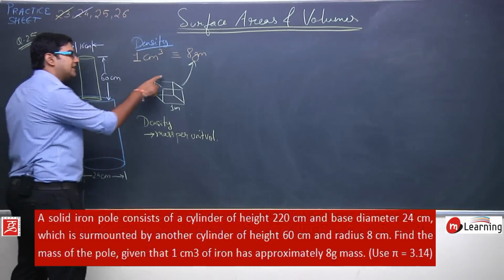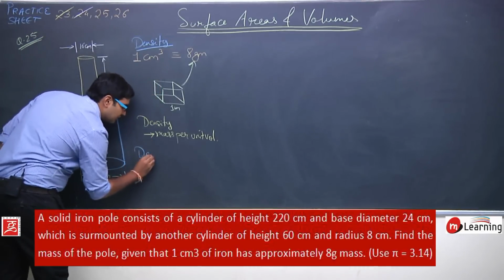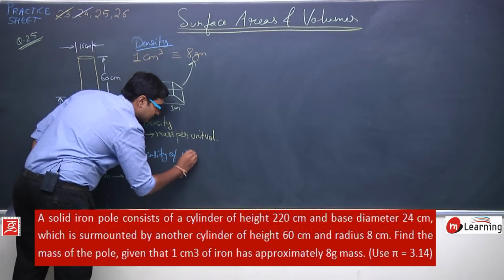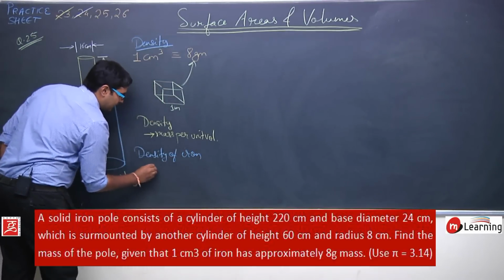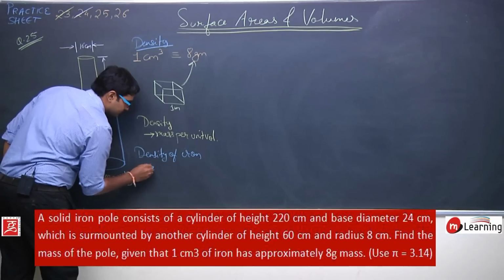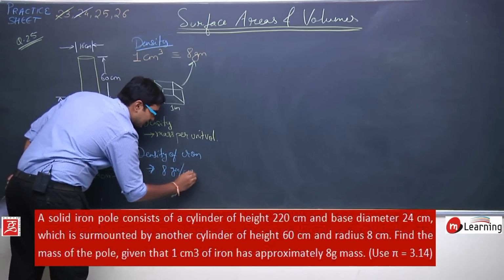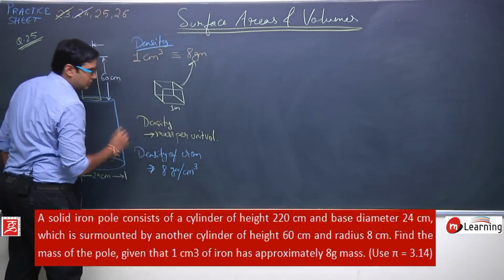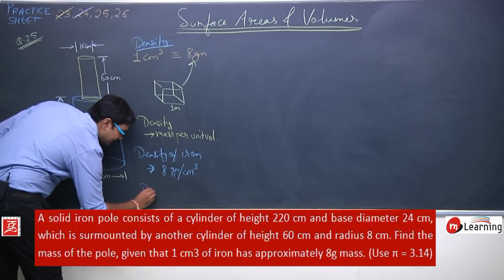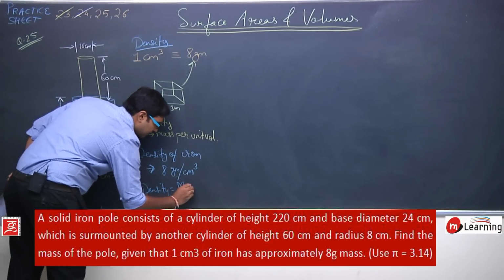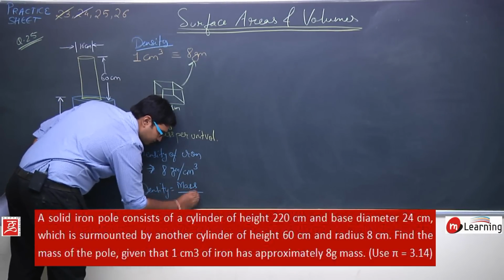It means we call the density of iron 8 grams per centimeter cube. Okay, the mass per unit volume, that is density, is equal to mass upon volume.